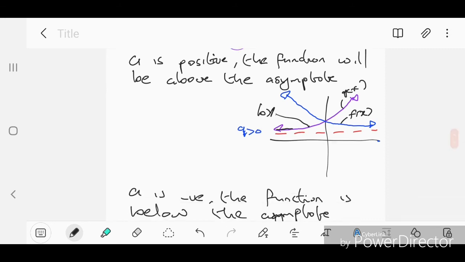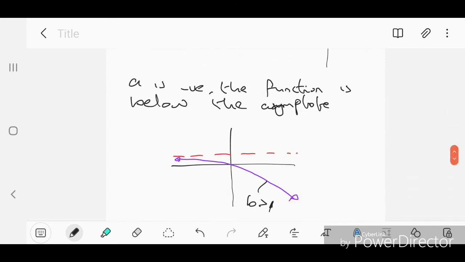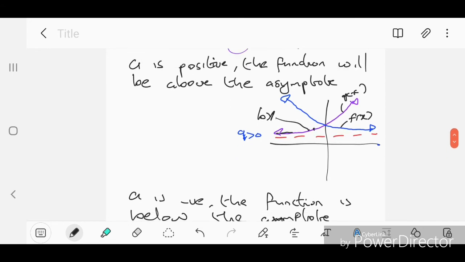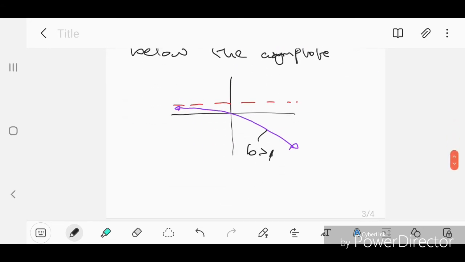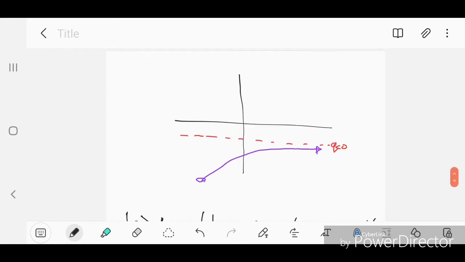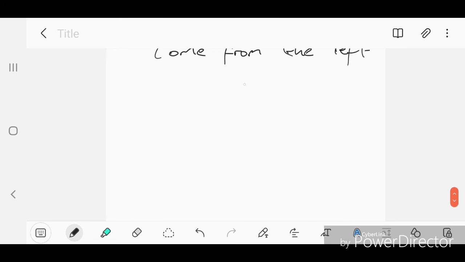The difference between these two functions is that the one is above the asymptote and the other one is below the asymptote. And what makes it below the asymptote is whether a is negative or positive. So if I have this function here, let's just say q equals 0.